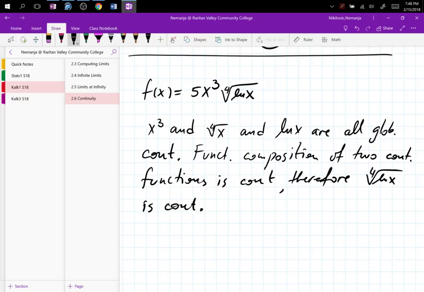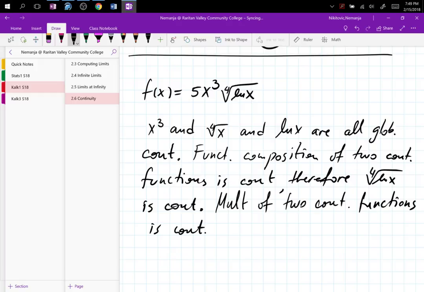And finally, multiplication of two continuous functions is continuous.